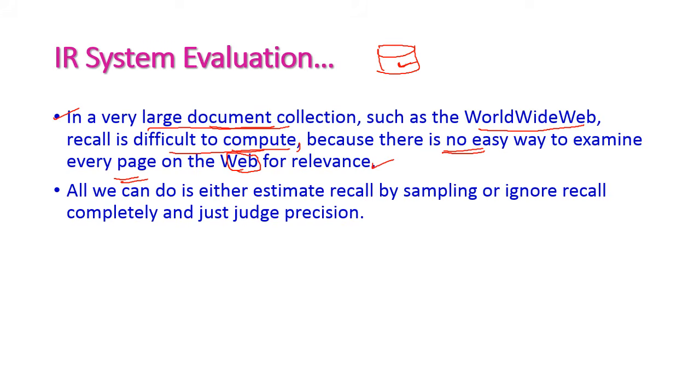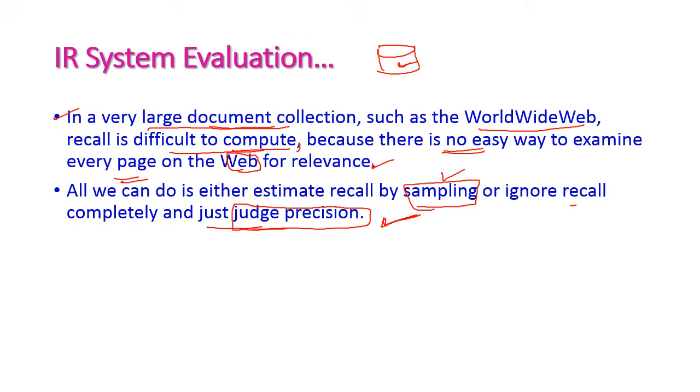For this we have to estimate, either by using sampling, or by ignoring recall completely and just judging the precision, that is, which data we have actually retrieved by using this query.